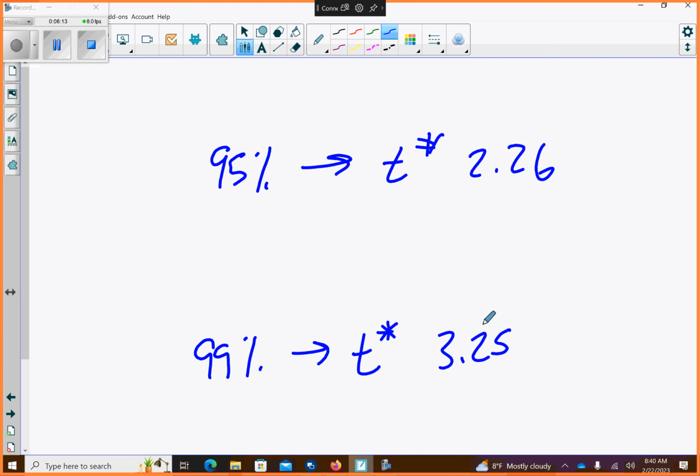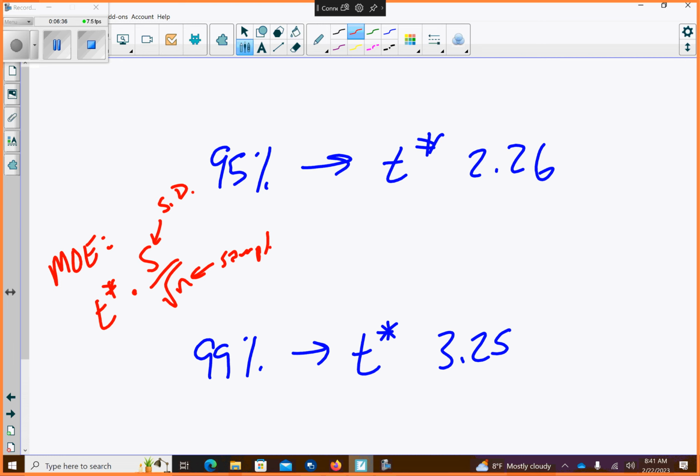So we have to remember that our margin of error is T star times S, that's our standard deviation, divided by the square root of our sample size. So I'll use that on both.